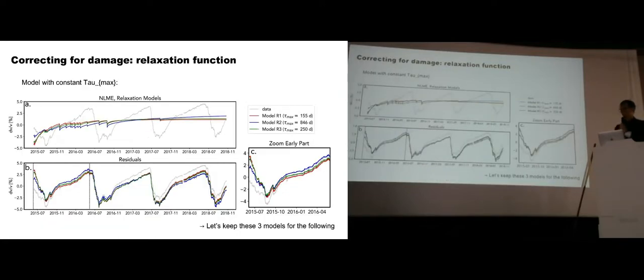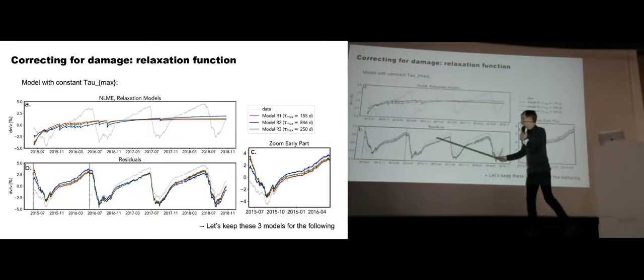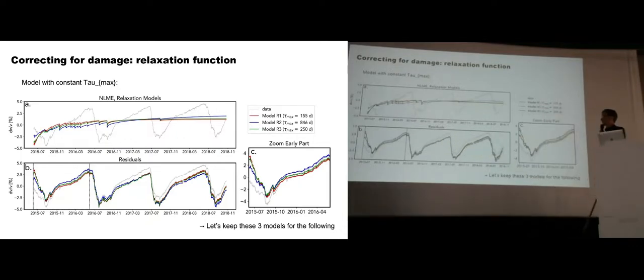So now we can use these to correct our time series for the damage effect. We have these three models, which are shown here, and the data is in gray. The thing to note here is how we can model the aftershocks and how we can correct them.